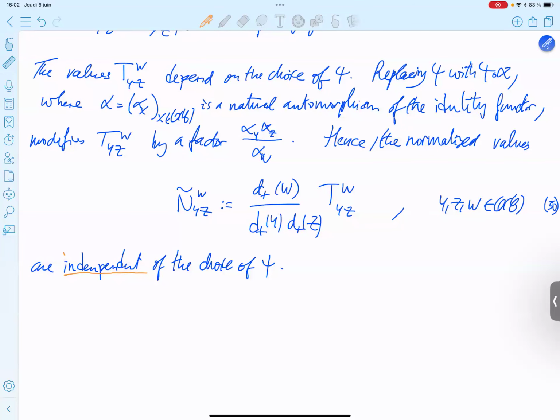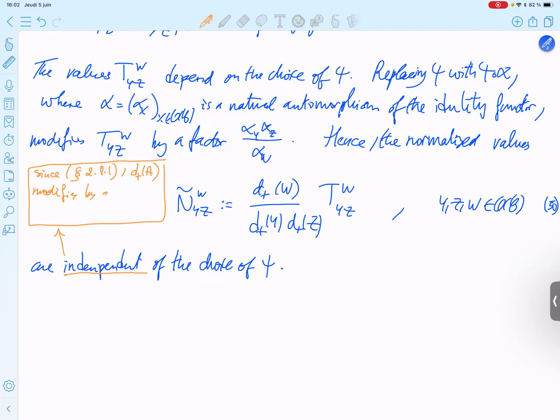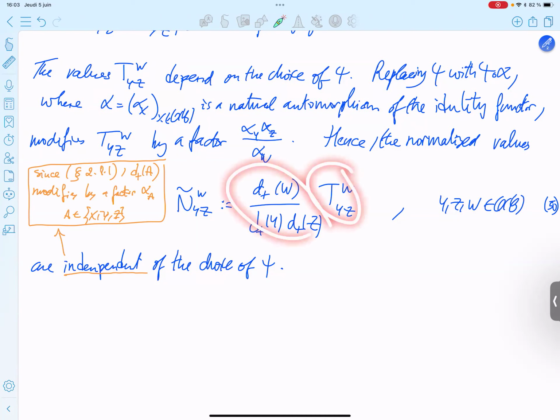So since we saw that in subsection 281, the dimension, this dimension is modified by a factor alpha A, where A, if you take A, Y, so if Y, X, Y, Z. So if you take this alpha A, you see that the factor here compensates the factor here, so you get 1.